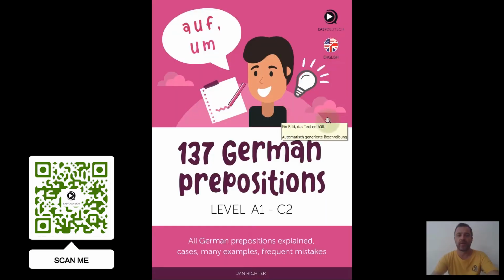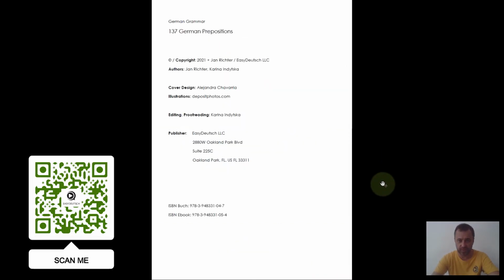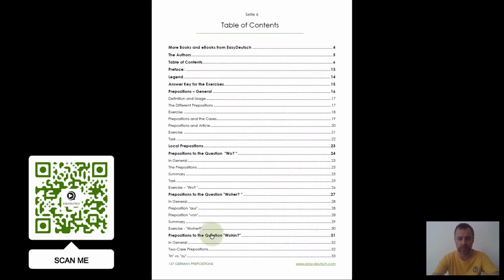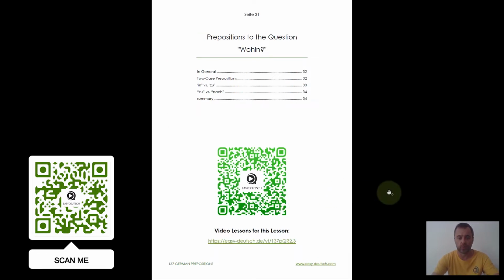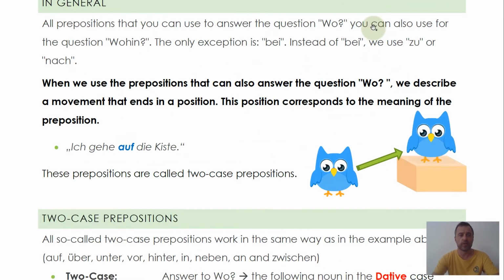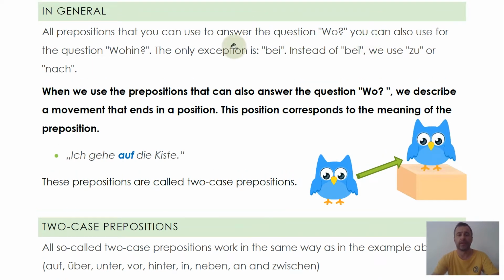So we're here now in my ebook 137 German prepositions. Today's topic is local prepositions answering the question wohin, where to. So let's have a look. Usually if we answer the question where to, we can use all the prepositions that we use to answer the question wo.